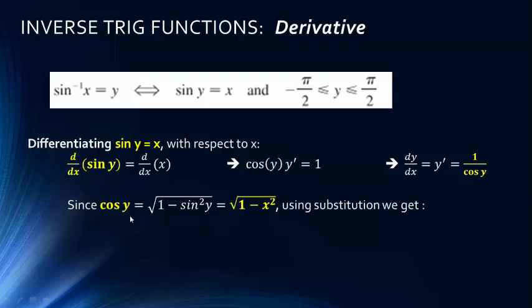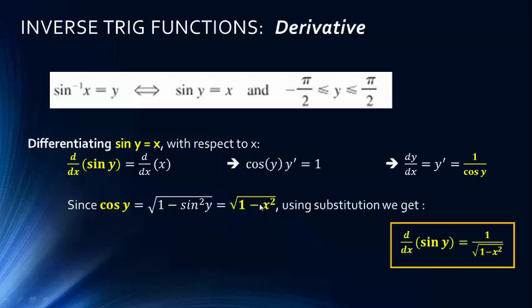This is using the Pythagorean trig identity and the original equation, sine y equals x, substituting that in for sine y. So we get our ultimate result, which is that the derivative of the inverse sine of x equals 1 over the square root of 1 minus x squared.